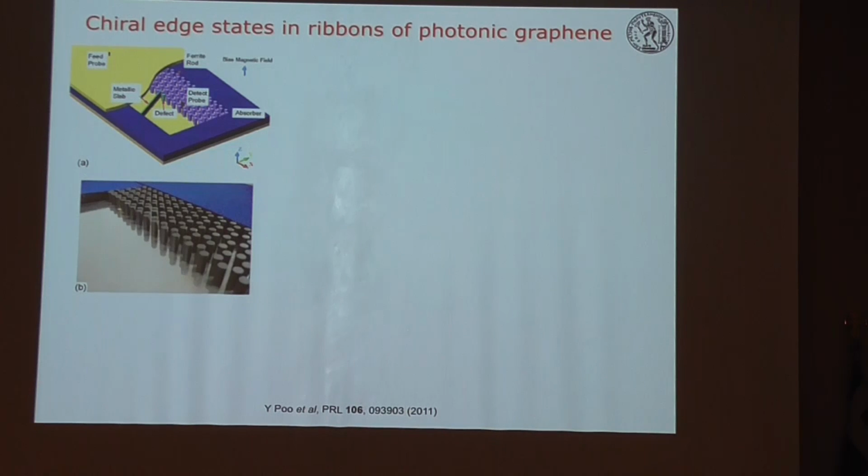was in the microwave regime, where magnetic materials actually show such a value, such a tensor form for the magnetic permeability. Actually, this was a lattice of ferrite rods.